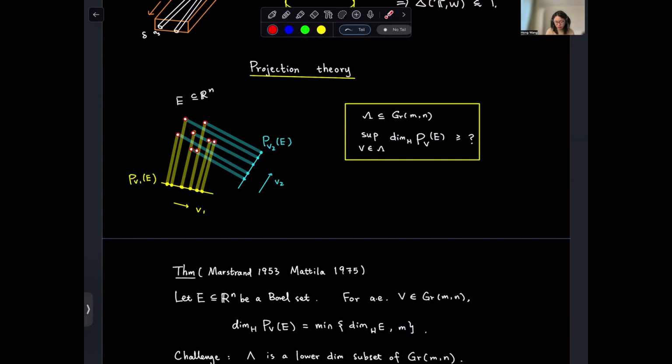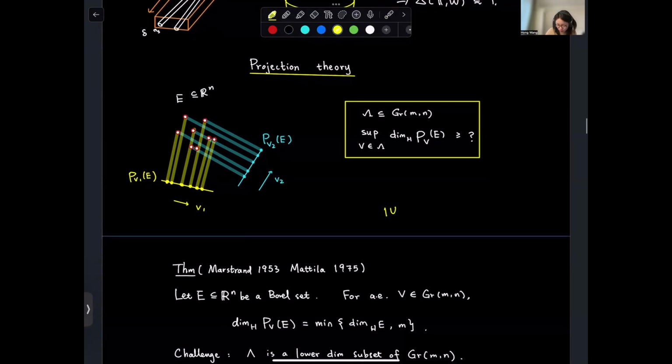In fact, if you compare this statement with our previous question about unions of tubes, they are quite similar. This one term is similar to this m, and this term, essentially disjoint, is similar to the first term.